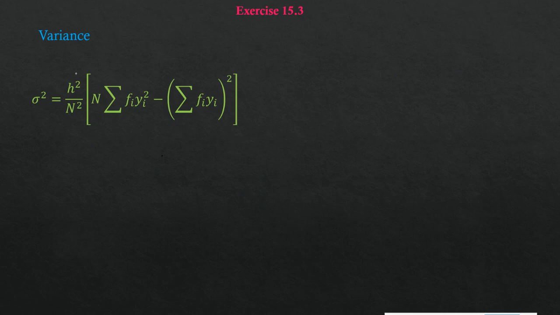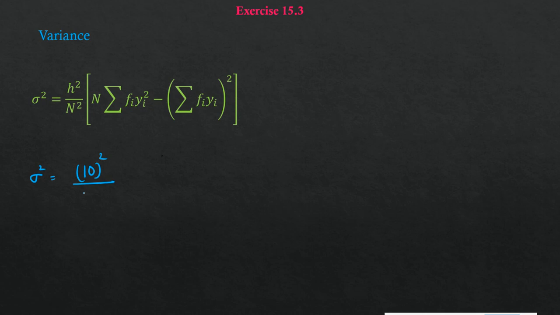Next, we have to find the value of variance. The formula is given over here. Let me substitute all the values to get my answer. Substituting the values, sigma square is going to be h square. What is the value of h? H is going to be 10. So I can write 10 square divided by n.